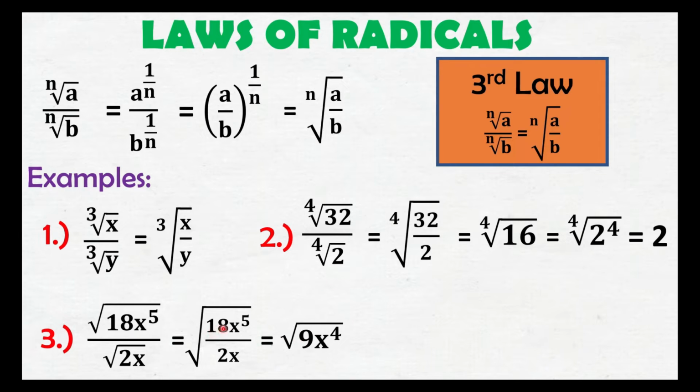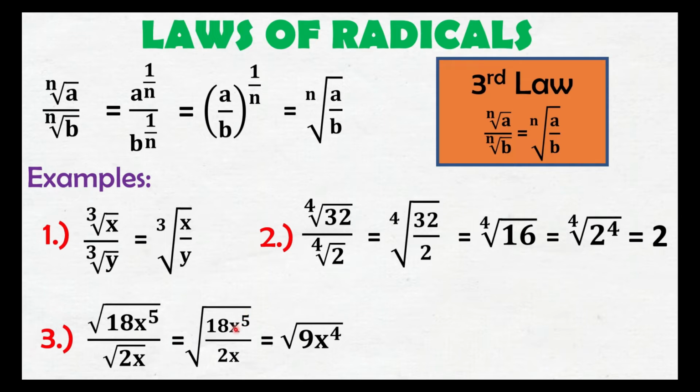And then, 18 divided by 2 is simply 9, right? And this x raised to 5 divided by x follows our quotient rule, right? What we do is subtract the exponent of the expression in the numerator from the exponent of the expression in the denominator.